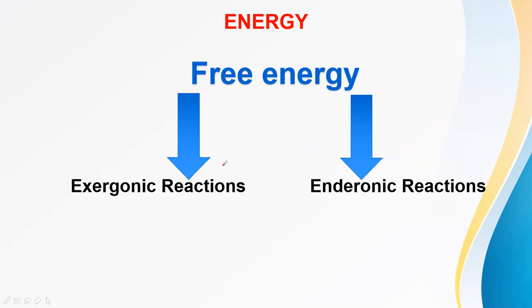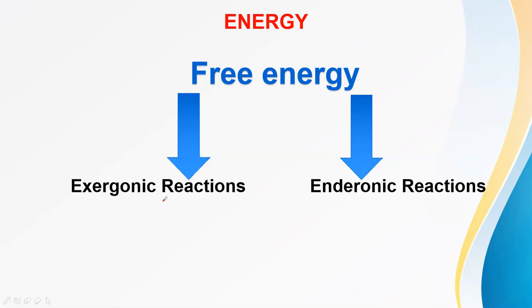These exergonic reactions are spontaneous reactions, meaning these reactions happen all of a sudden. When this reaction occurs, we can see a lot of energy released right away. For example, I want to make a fire.